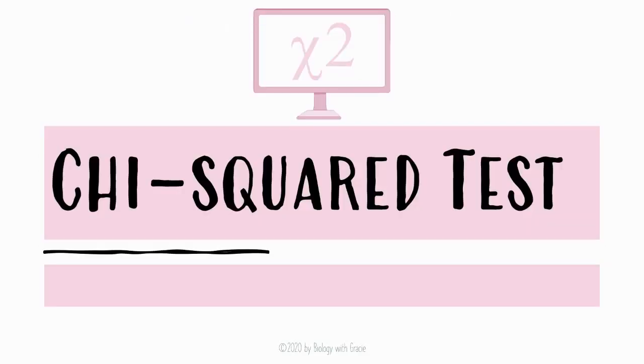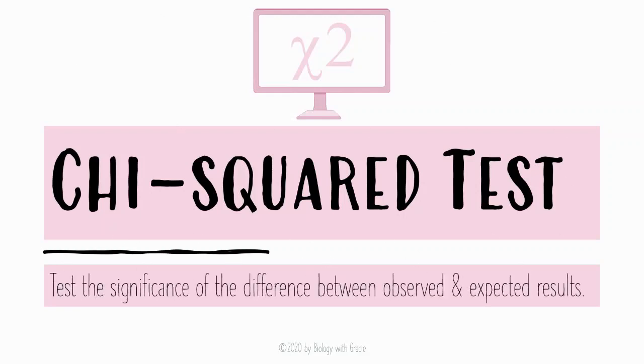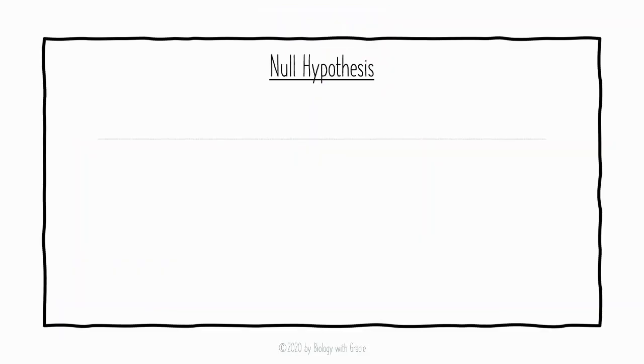Today in this video I'm going to be talking about the chi-squared test. So this test is used to test the significance of the difference between observed and expected results. So observed being the results that you get once you've done your experiment, and the expected being the results that you predict. So for lots of statistical tests, you need to know about the null hypothesis.